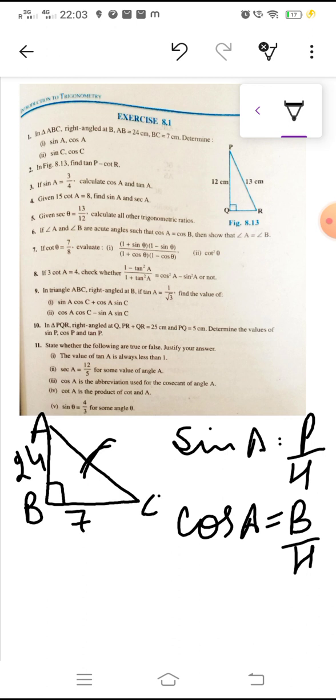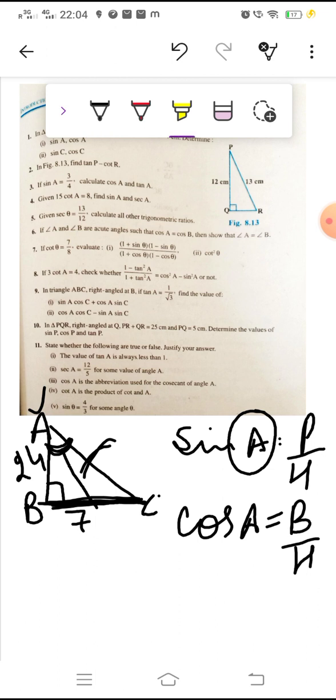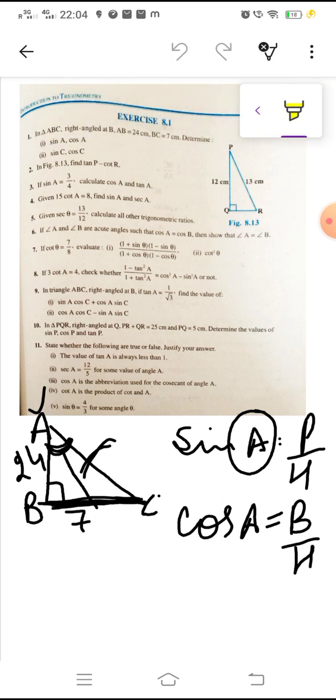This is sine A. In this question, the side in front of the angle will be perpendicular. When we are talking about angle A, this side will be perpendicular. But when we talk about angle C, then this side will be perpendicular.